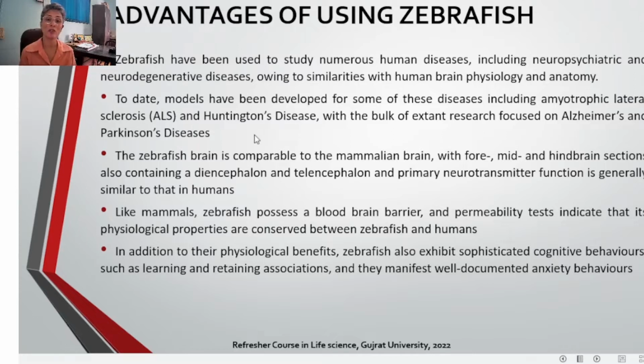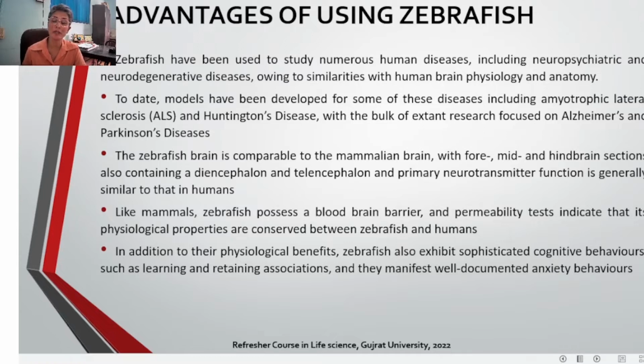They also have a diencephalon-like structure. So the physiological and anatomical aspects of the zebrafish brain are very similar to those of the human being. To date, models have been developed for some of these diseases, including amyotrophic lateral sclerosis and Huntington disease.